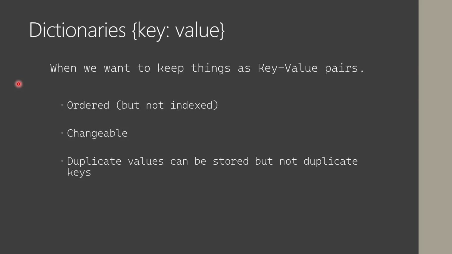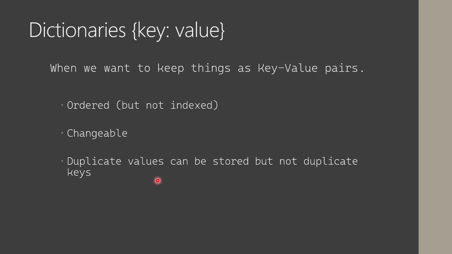A dictionary is a type of collection in which we can store data in the form of key value pairs. These are ordered, but we cannot call their elements by index. They are changeable and we can keep duplicate values in it, but we cannot create duplicate keys.